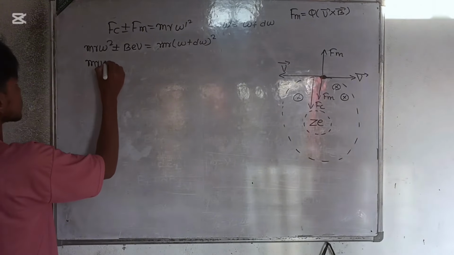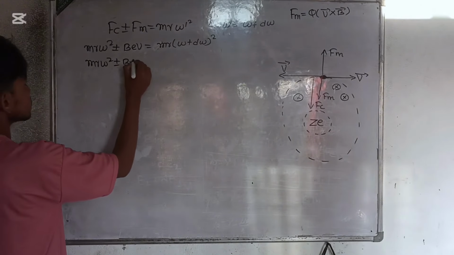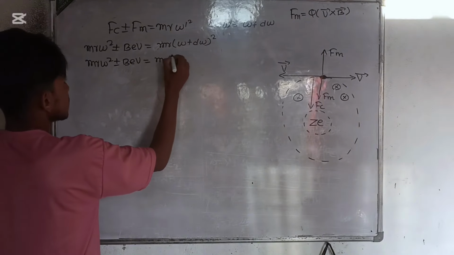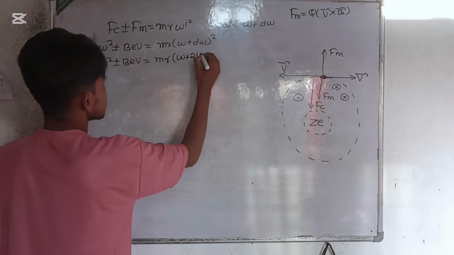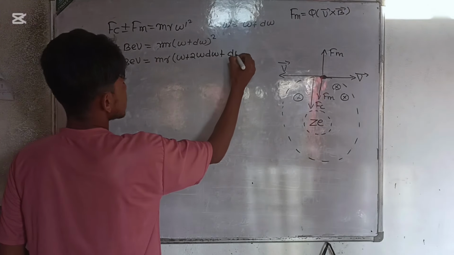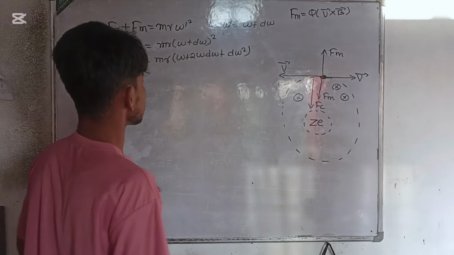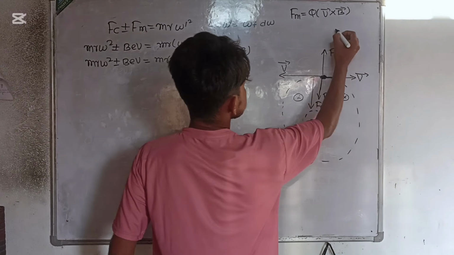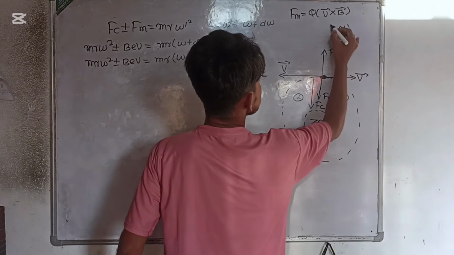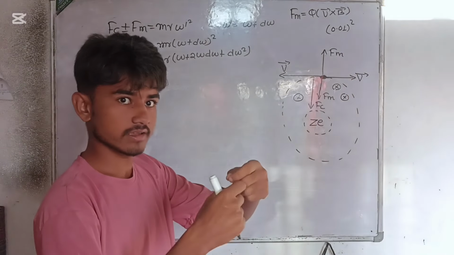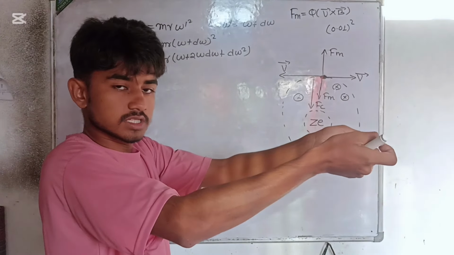So m r omega square plus minus B e v is nothing but m r, and when you open this bracket you end up getting this much quantity. So if you know d omega is a very small quantity, suppose it is 0.01, and if you square this you will again end up getting a much smaller value.